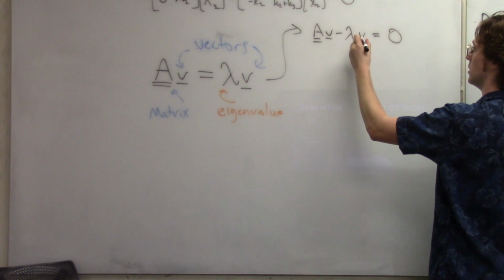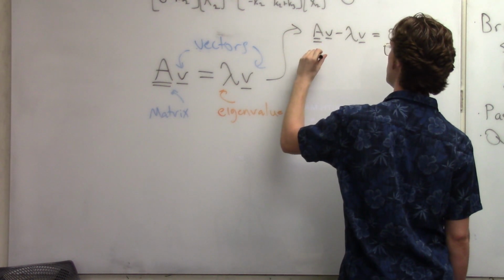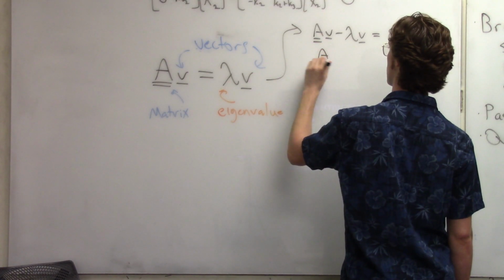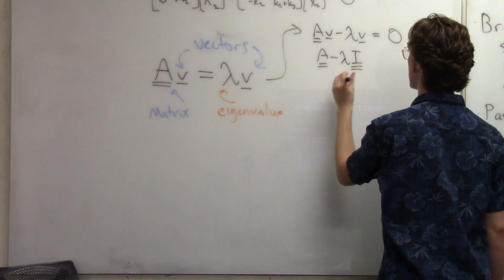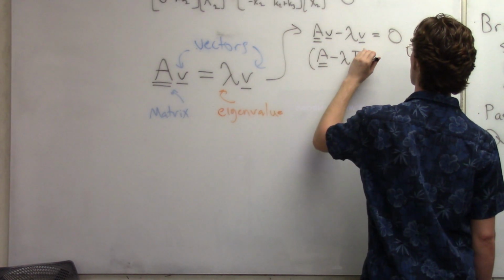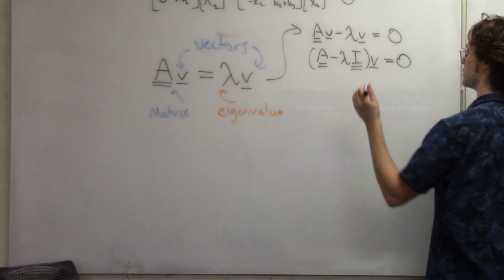I'm going to factor out that vector, so now I'm going to have one matrix, A minus lambda I, where I is the identity matrix, of V on the outside equals 0.